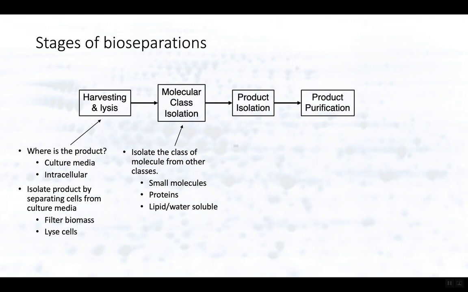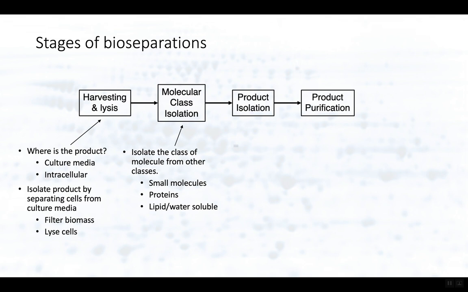Those are things you don't want going into an active biological, like a protein going into parenteral delivery in a pharmaceutical. You've got to remove all those things. So the idea is to isolate the class first, and that's this stage of the process. Try to eliminate as much of the wheat as possible, looking for the needle.